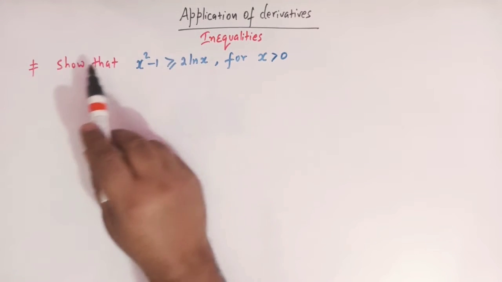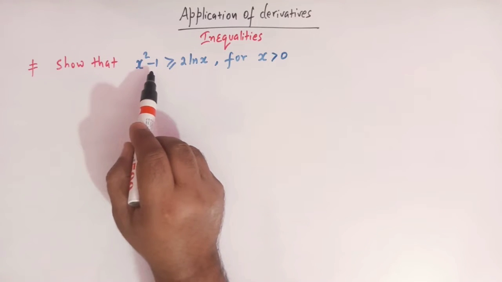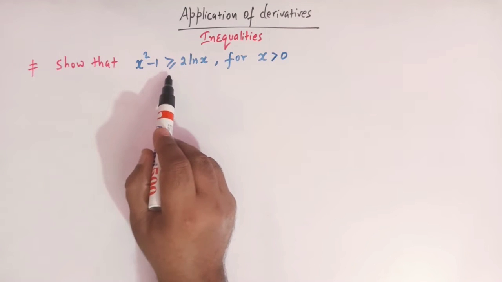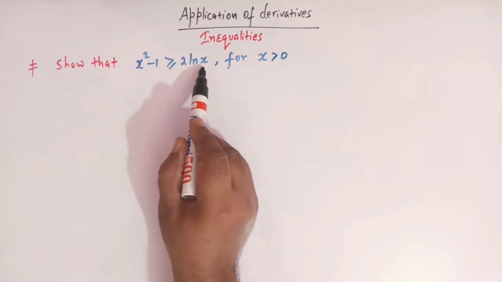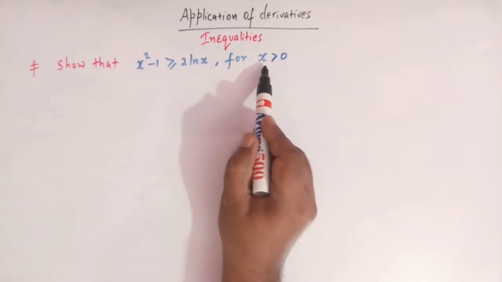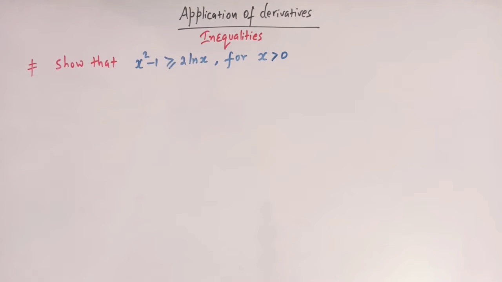So here we have to show that x square minus 1 is greater than or equal to 2 times the natural log of x for all x greater than 0, right? So let us start. Now what will be our method of doing this problem?